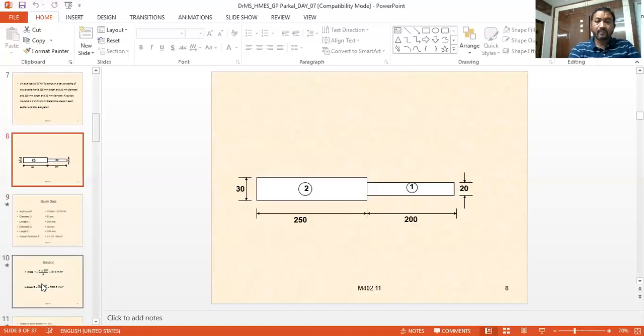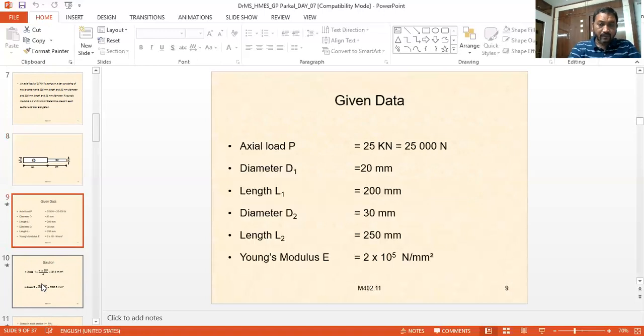So here D1 is equal to 20, L1 is equal to 200 mm, and D2 becomes 30 millimeters and L2 becomes 250 millimeters. So this is the given data.